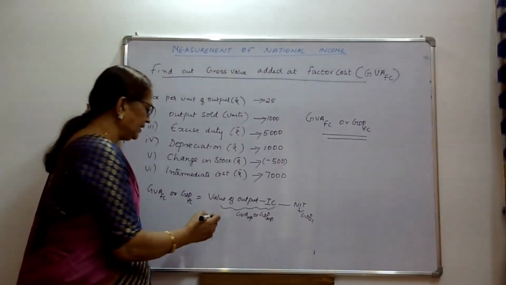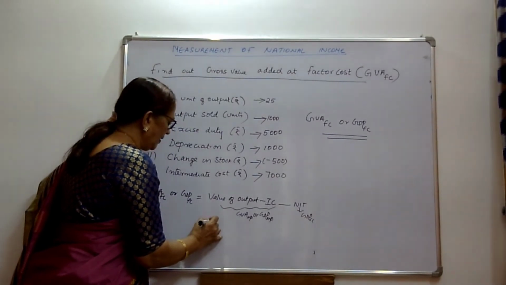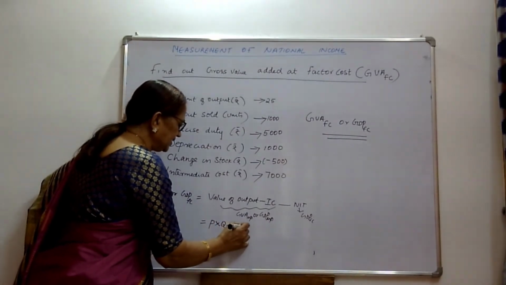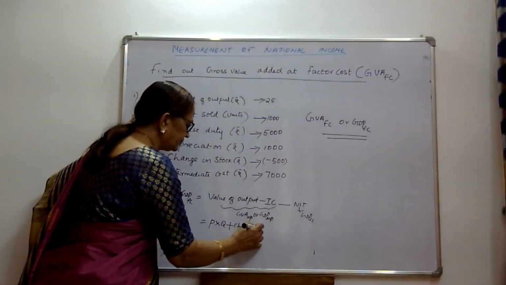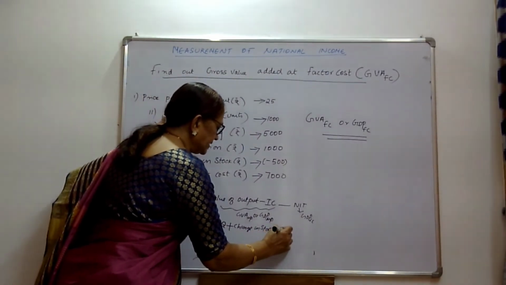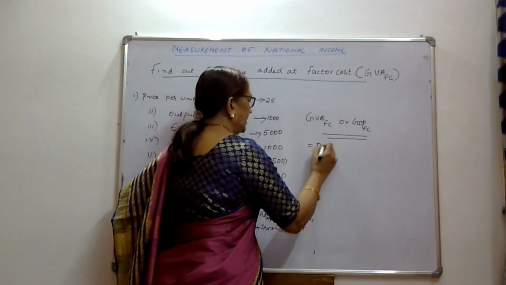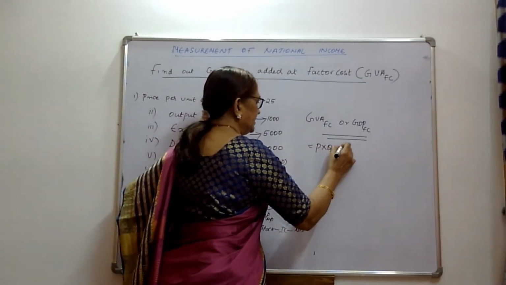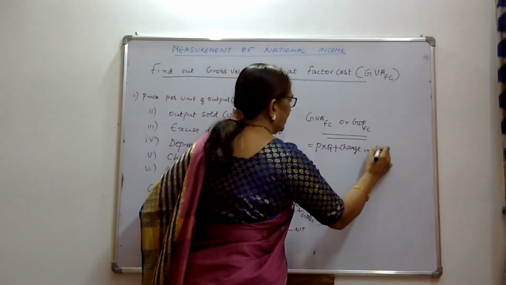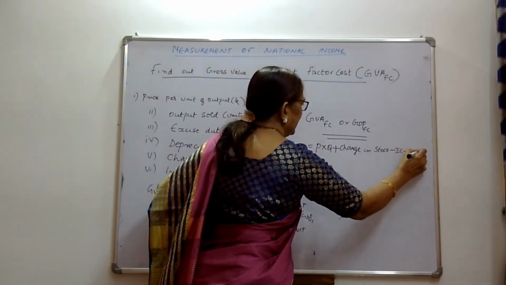So, we are doing it as value of output as sales plus change in stock. Price into quantity, we get sales plus change in stock, minus intermediate consumption, minus NIT.